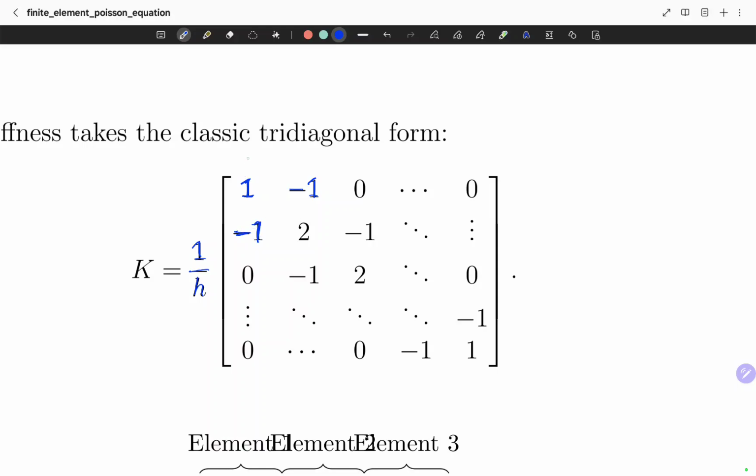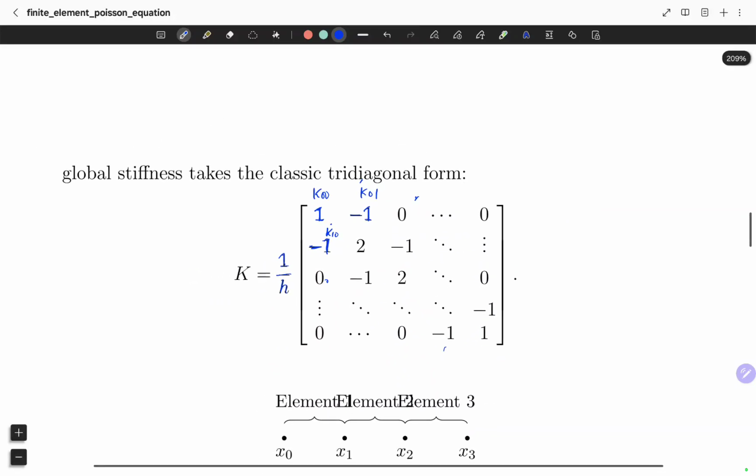You remember? K00, K01, right? So K10. These guys will mirror, and then these guys will mirror. And as usual until here. And this is the global matrix. And that's how it's supposed to look like.